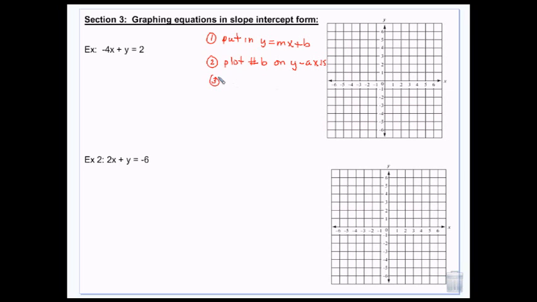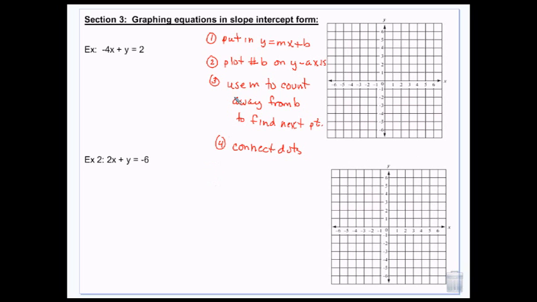Okay, and then step 3 is we're going to use m to count away from b to find our next point. And then step 4, we're going to connect our dots.